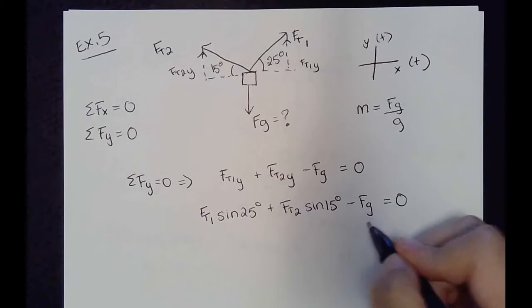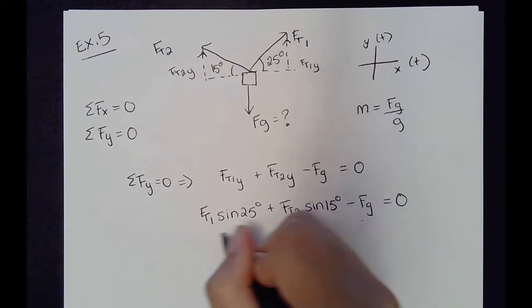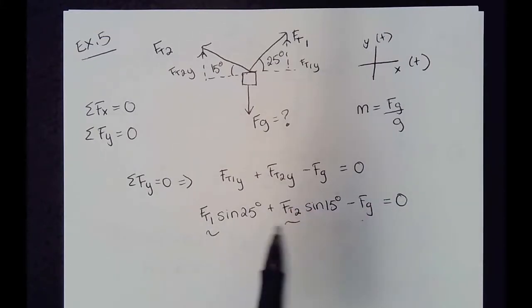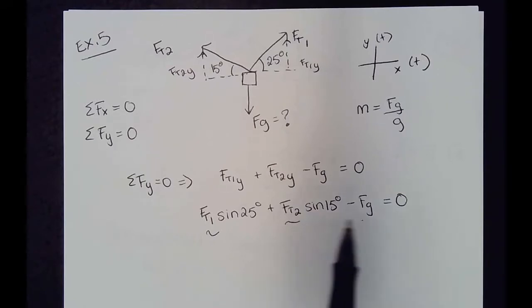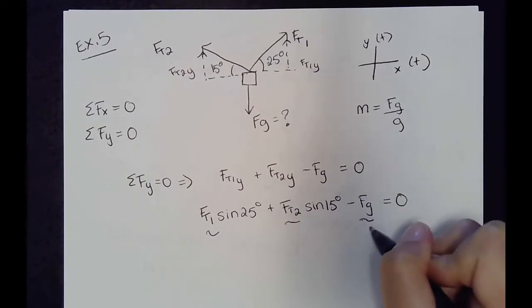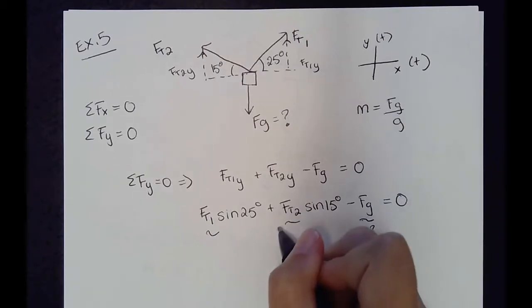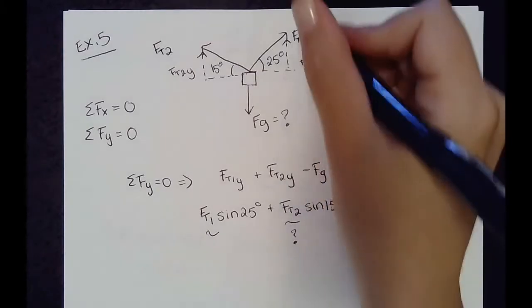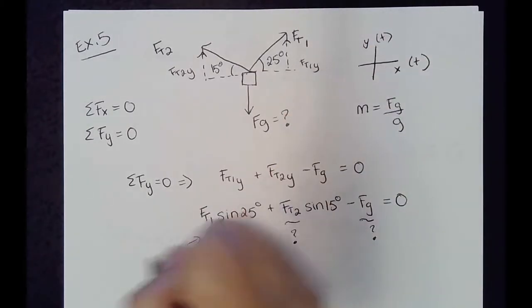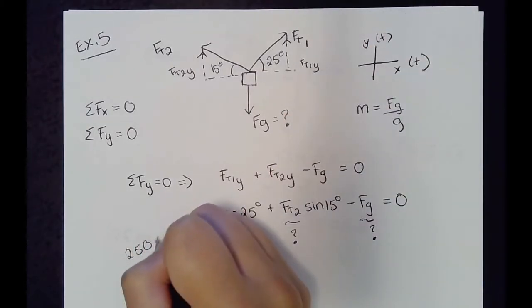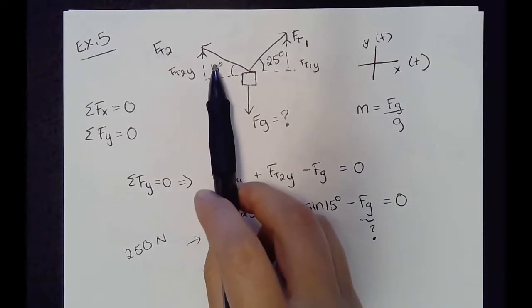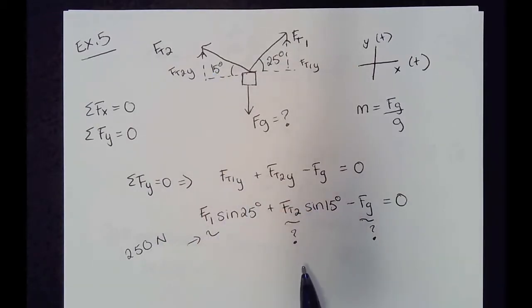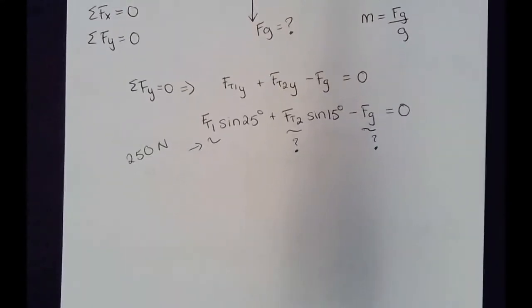Now when I try to solve for Fg, notice we have two unknowns. Fg is unknown and also Ft2 is unknown. We know that the tension in the right cable here is going to be 250 newtons, but we don't have the tension in the left cable. So right now with two unknowns, we can't solve yet, so let's go to the x direction.